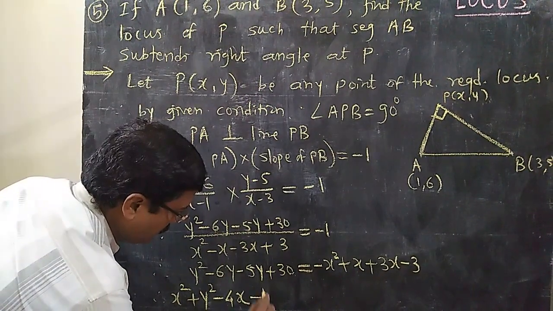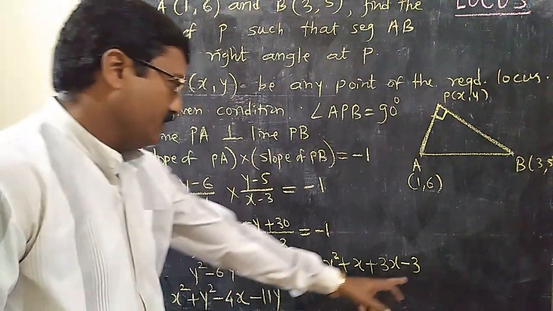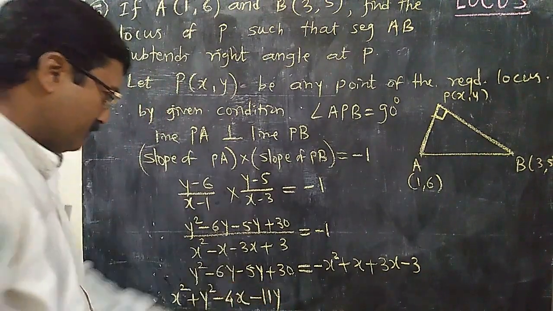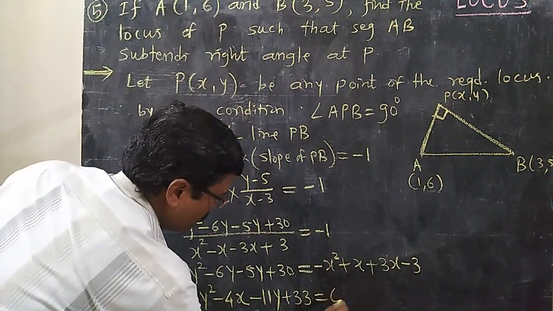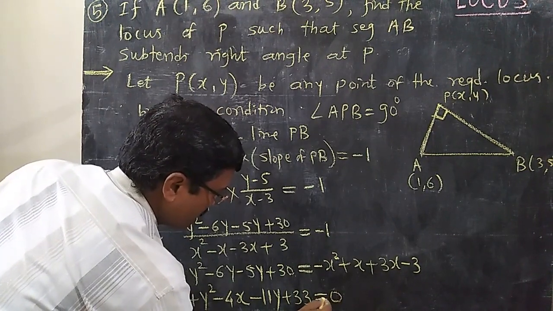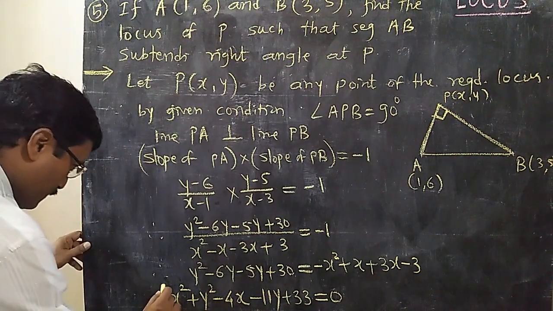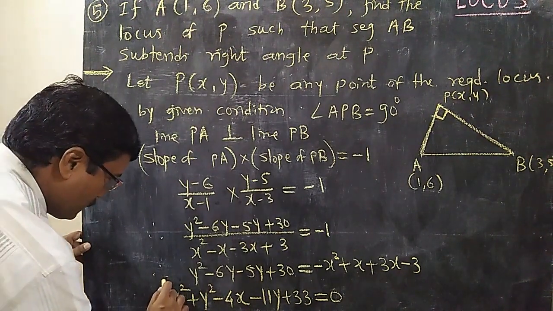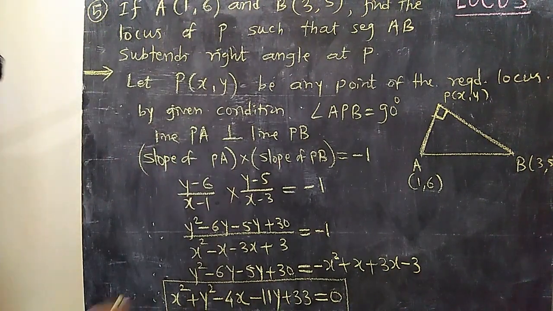It is already on the left, so it is minus 11y. This is plus 30. Taking this 3 to the left becomes plus 30, equal to 0. So this is the simplified condition or equation of the locus.